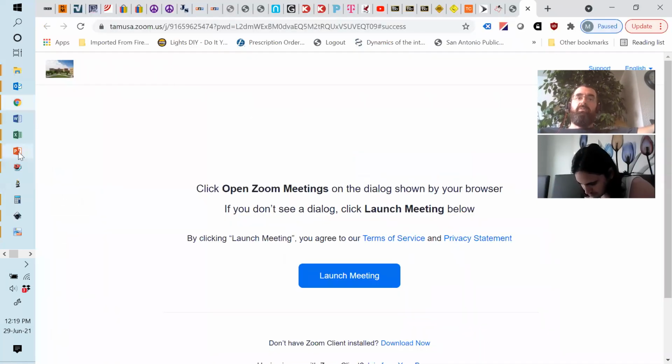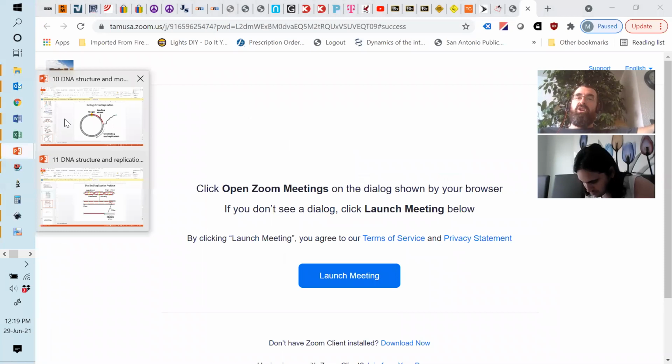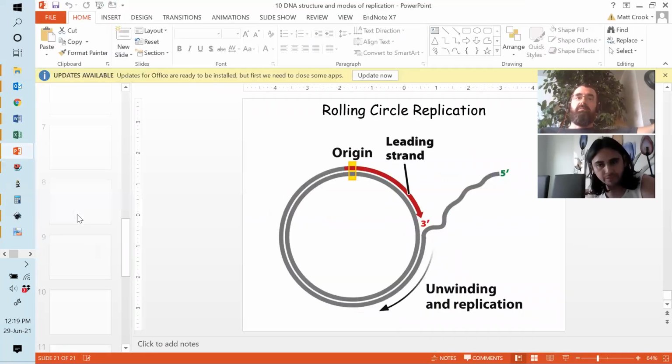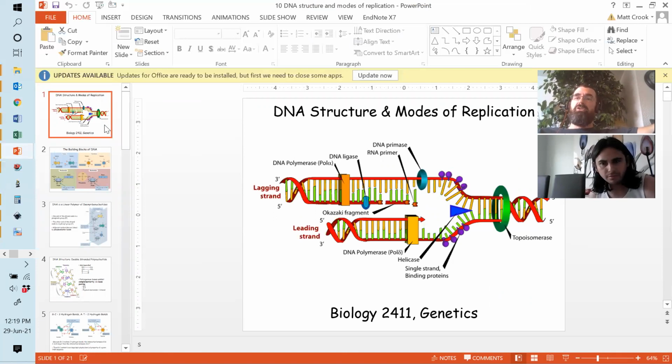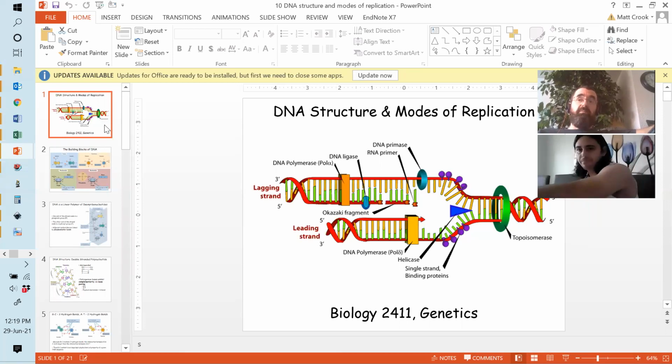Okay, so now we change gears completely. Now we start getting into a bit of the molecular biology of DNA replication and the like. We're going to go through a basic recap on the structure of DNA, which should be pretty straightforward to all of you. Then we're going to look at the different modes of replication in a general sense.